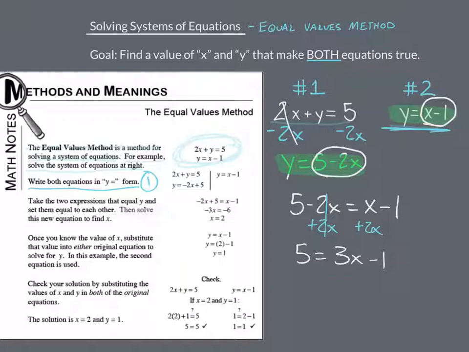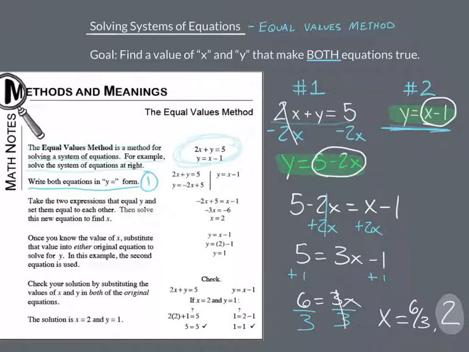We are going to add a 1, add a 1. We will have 6 is equal to 3x. We will divide by 3 and divide by 3. That will cancel out these, and we will be left with x is equal to 6 divided by 3, or 2. So x equals 2.